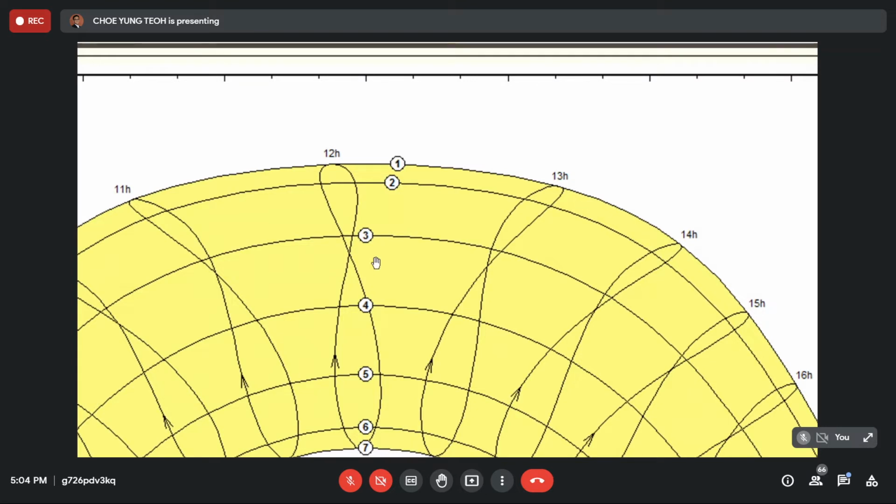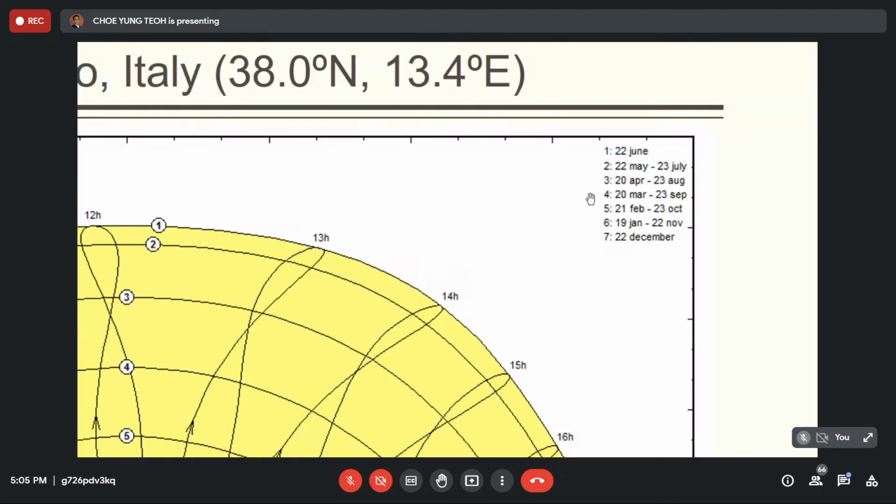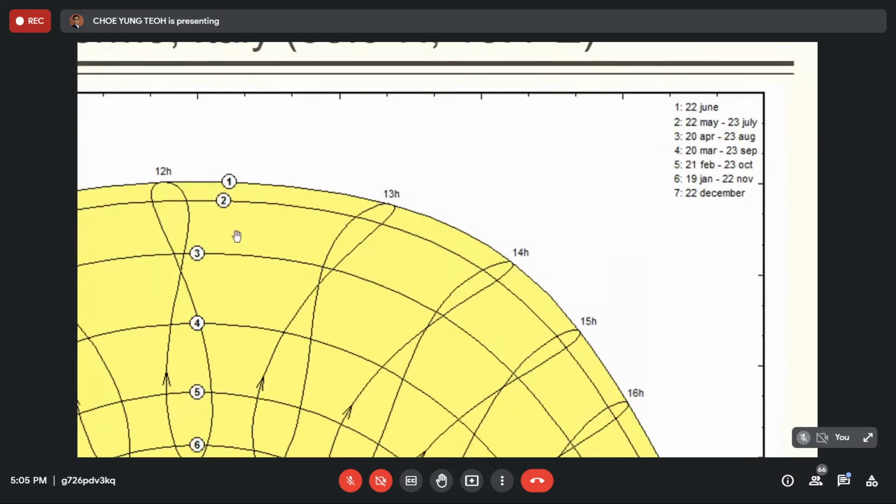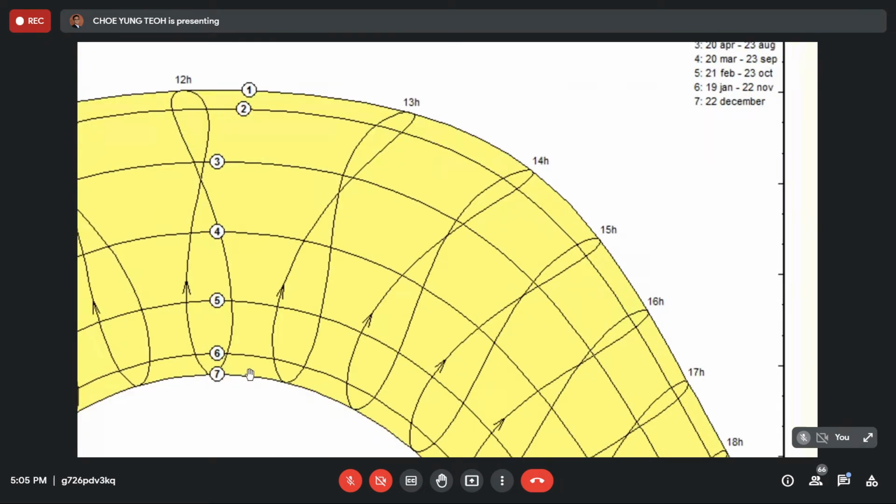Because as I mentioned previously, one line represents 2 days. Line 3 represents 20 of April and 23 of August. So it means that the sun moves to the north side and then turns and comes back to the south. So you will go through every location twice a year.